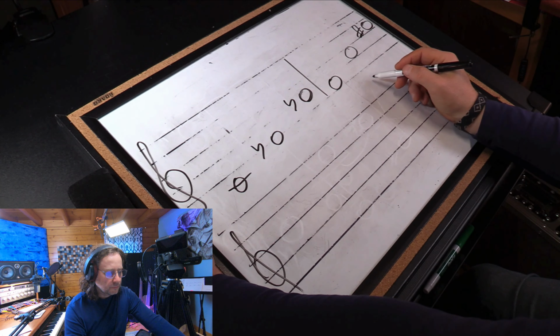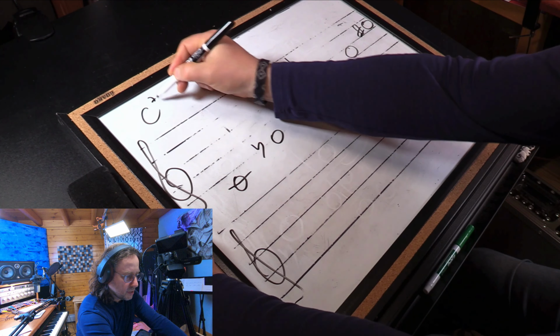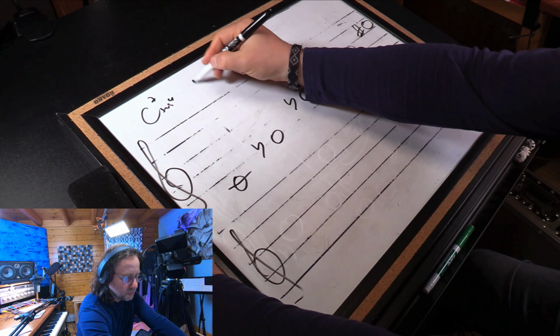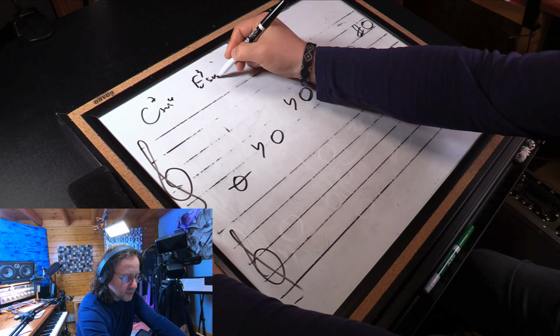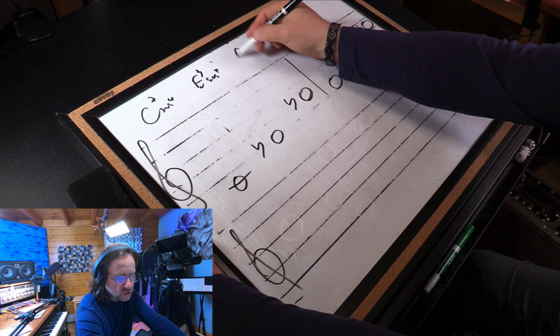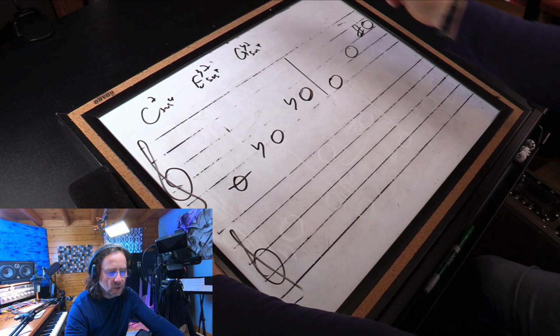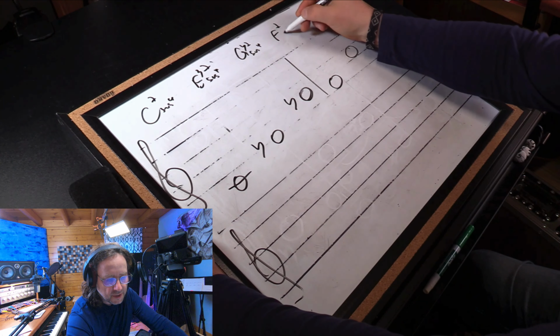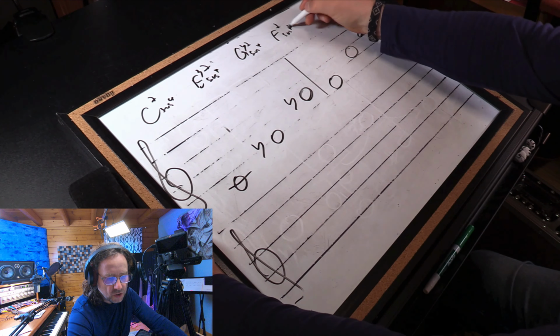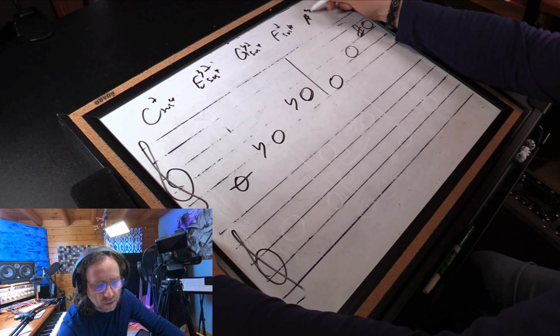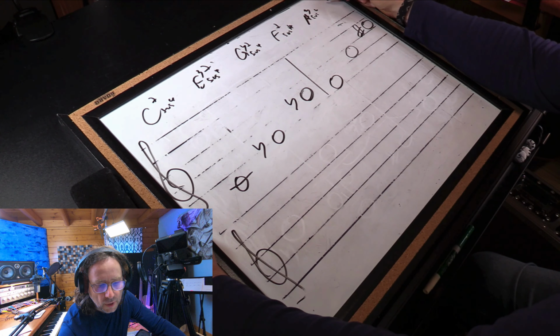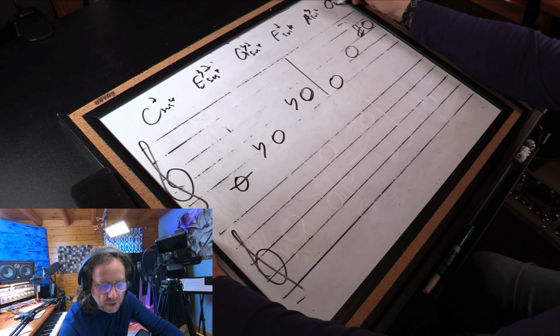thirds up. Okay, so this could be C7 Sus4, this could be E flat Sus4, this could be G flat 7 Sus4, okay, and this could be F7 Sus4. So you can experiment with C sharp 7 Sus4.